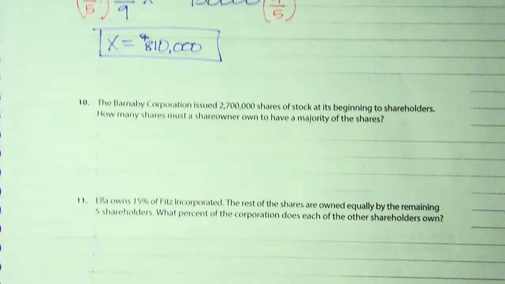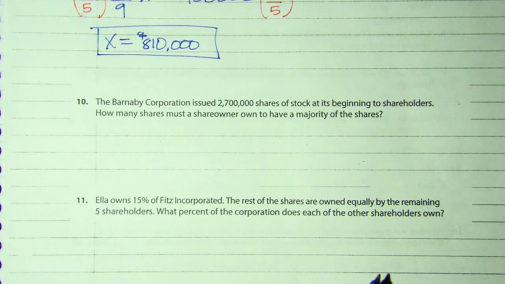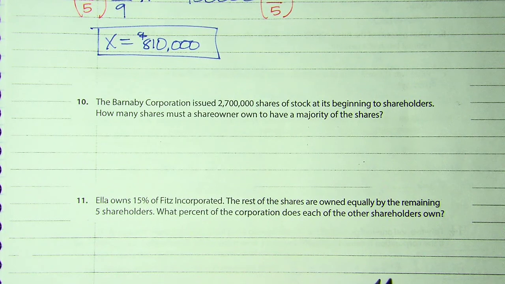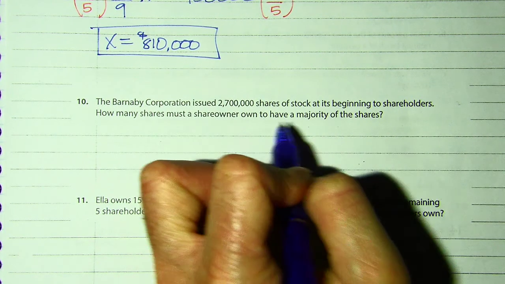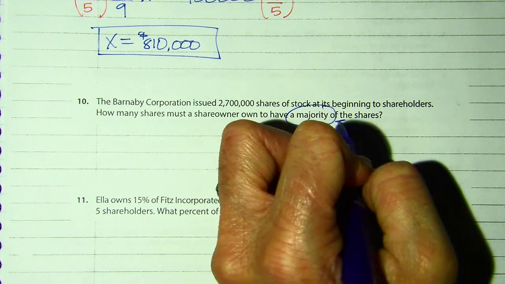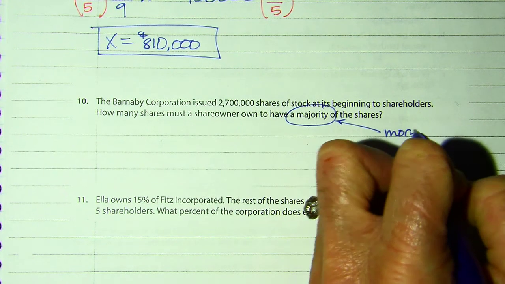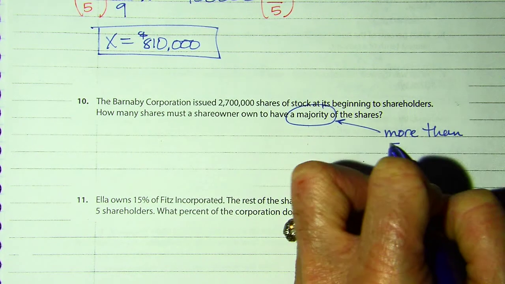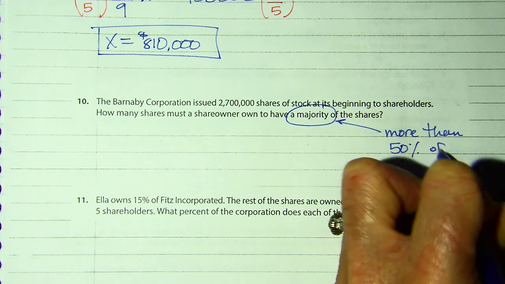Number 10, the Barnaby Company issued 2.7 million shares. And it says, how many shares must a shareholder have to have a majority? Majority means more than 50% of the shares.